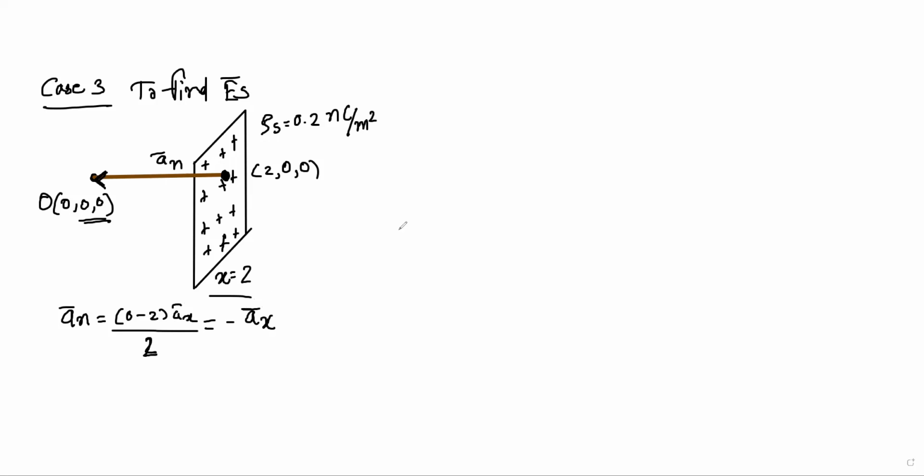Now you have a formula to solve this. What is that formula? The formula is E S bar is equal to rho s divided by 2 epsilon naught, times a bar n.